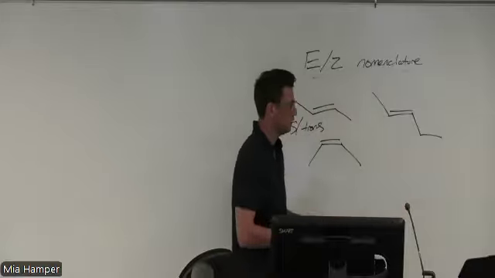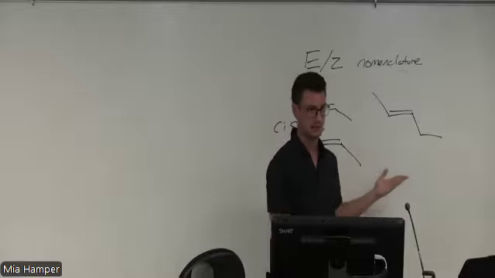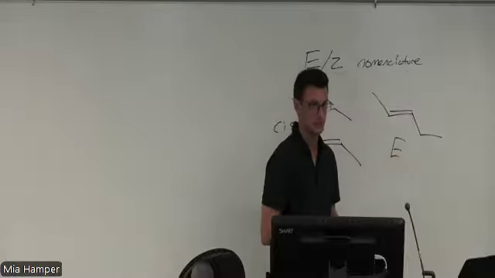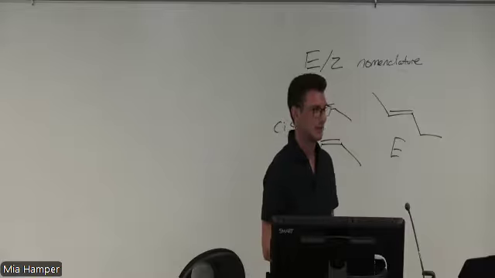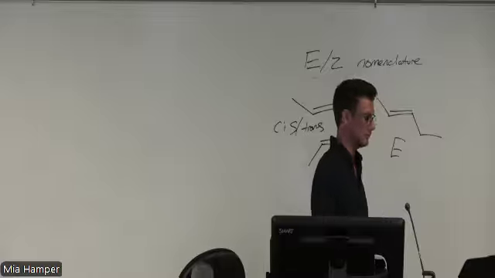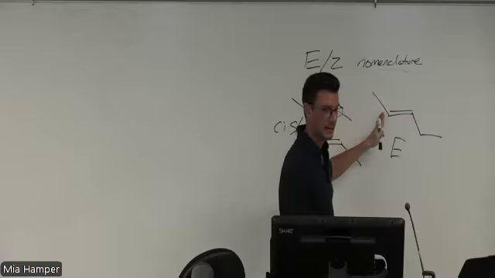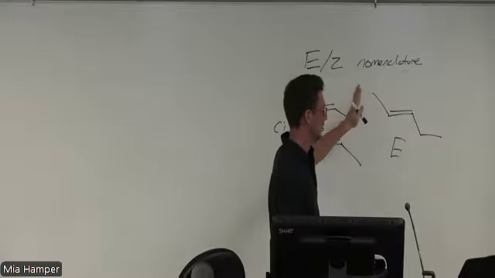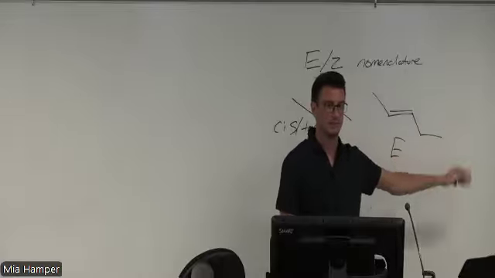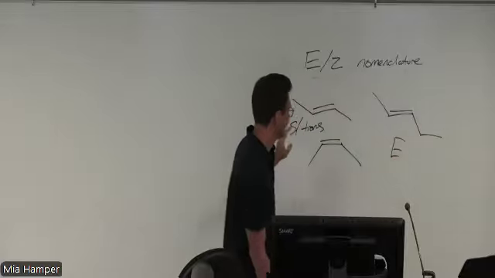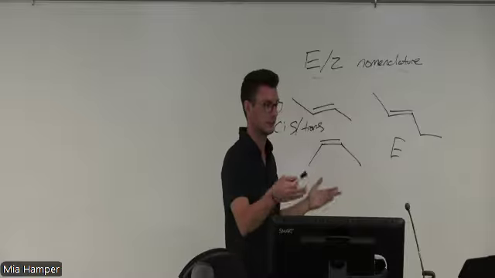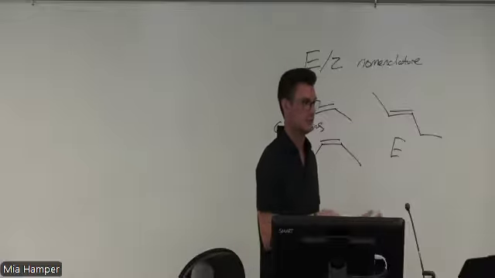Now your highest priorities are on the opposite sides of the double bond, and so we would call this E. So opposites are E, same side is Z. But if one side of the double bond has the same thing as the other side, like this example, one side has a methyl, the other side also has a methyl, and that's it, both sides of the double bond are the same, then we can use cis and trans.